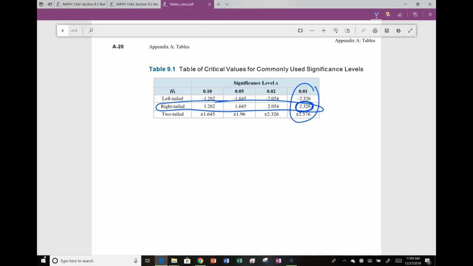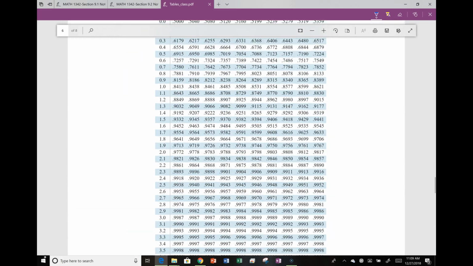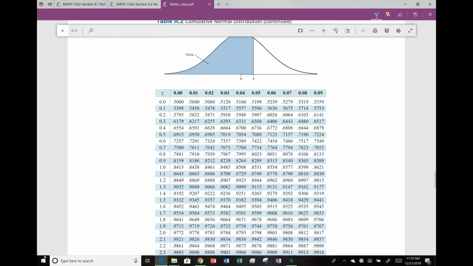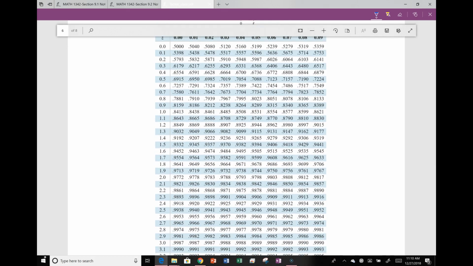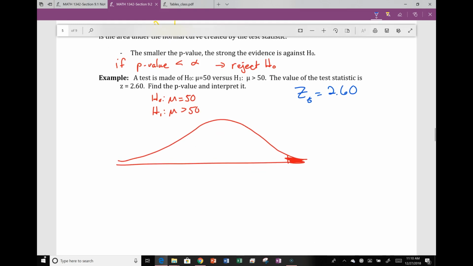So when we find its p-value, we go back over to our charts and we go up to our Z chart and we're looking for 2.60. Well, here's 2.60. It's a 0.9953. Our test is a right-tailed test. So the probability that Z is greater than 2.60.